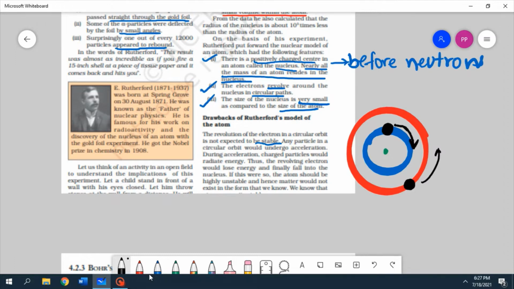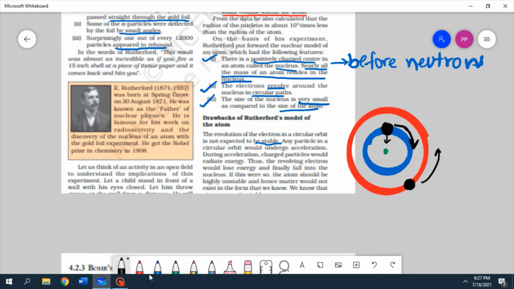So when they're continuously moving, they lose energy, right? When you're continuously playing all day, you lose energy. You're not going to be as energetic as you were before you went out to play. So what other scientists of that time contradicted his model by saying is that if they're losing so much energy, how come they're not falling into the nucleus?